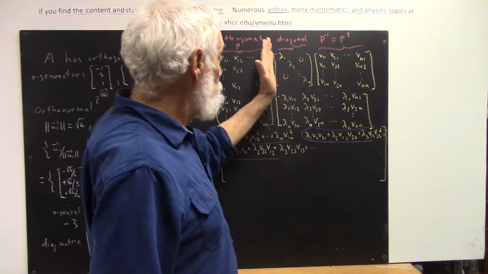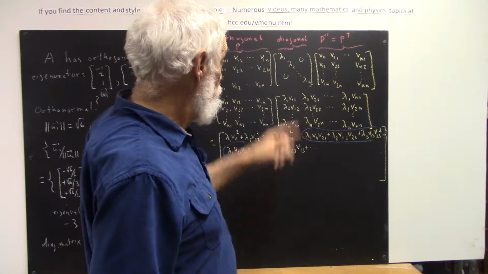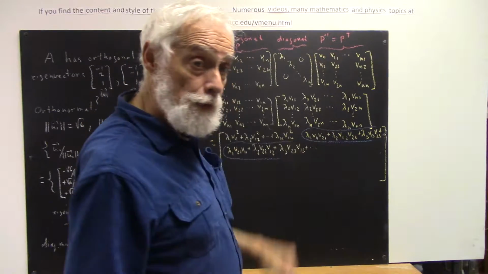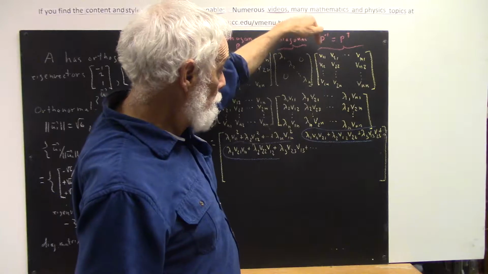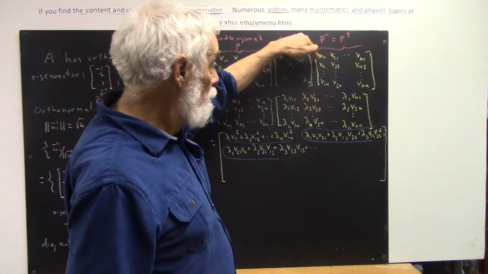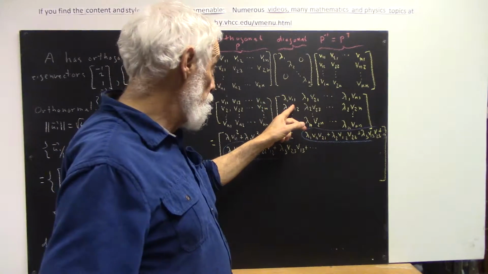Now, I'm going to multiply this matrix by this matrix. Okay, so lambda 1, and this is lambda 1 followed by a bunch of zeros. We multiply that by the first column, we get lambda 1 times v11 plus a bunch of zeros. So we get lambda 1 v11, that's all we get.